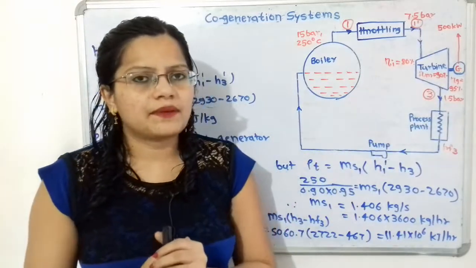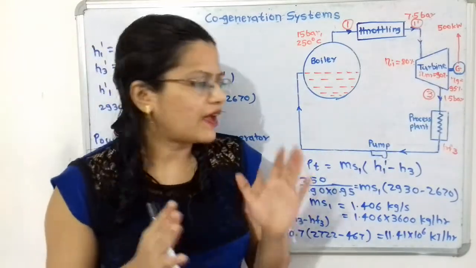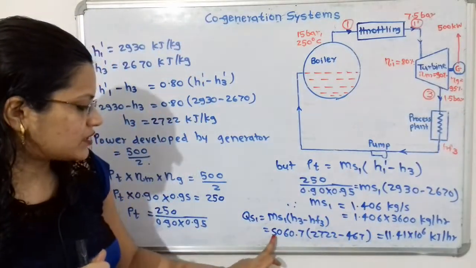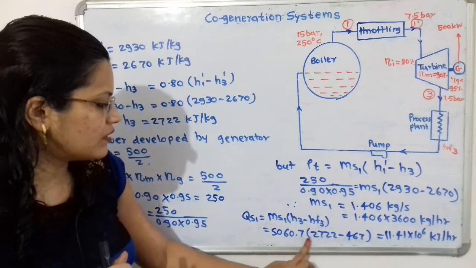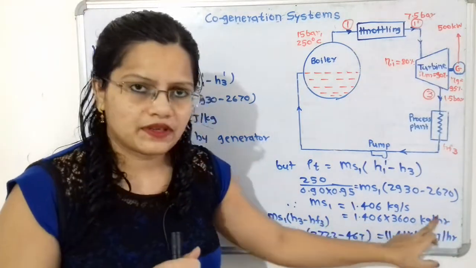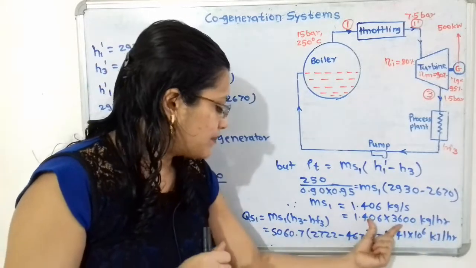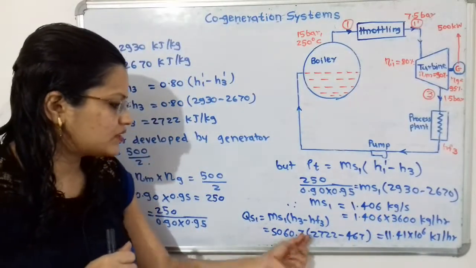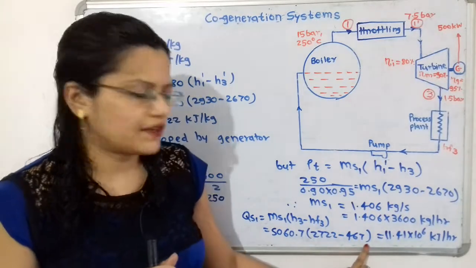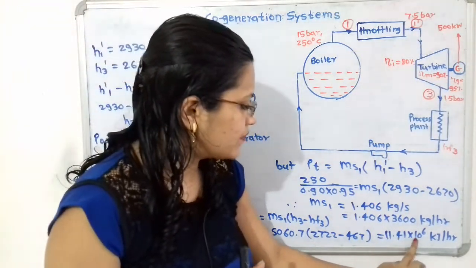From the steam table at 1.5 bar the value is 467. So we will take MS1, that is 5060.7, which is in kilogram per hour. So remember, this multiplication is 5060.7 multiplied by 2722 minus 467, which is equal to 11.41 into 10 raised to 6 kilojoule per hour.